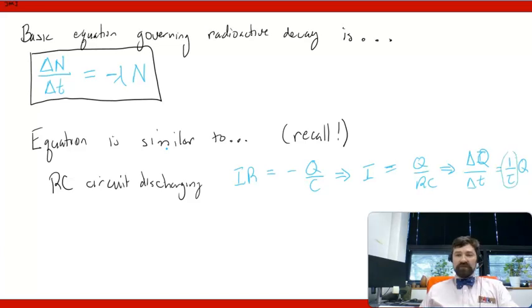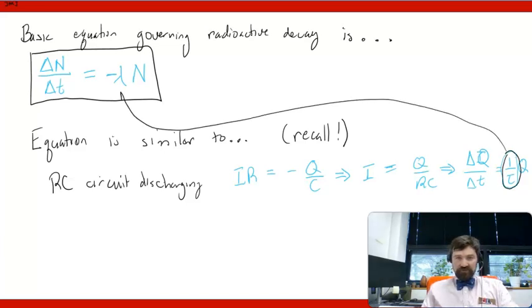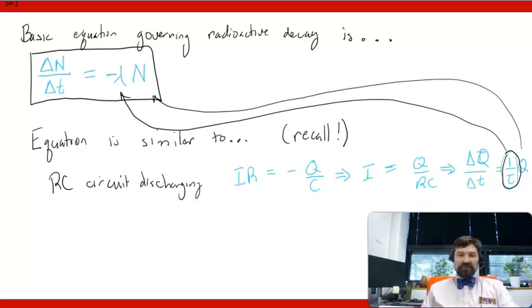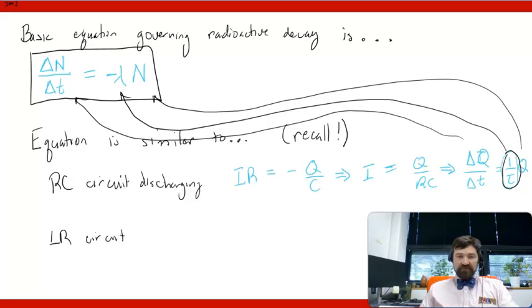And so this 1 over tau term here is very similar to the lambda term that I included in this equation up here, where Q can be related more or less to N, and the delta Q over delta T can be related to delta N over delta T. We also had the LR circuit, and for the LR circuit we got a similar result, except that it was in terms of the current rather than the charge.